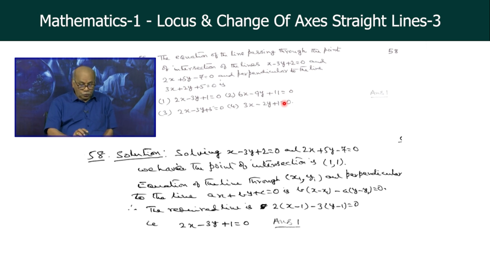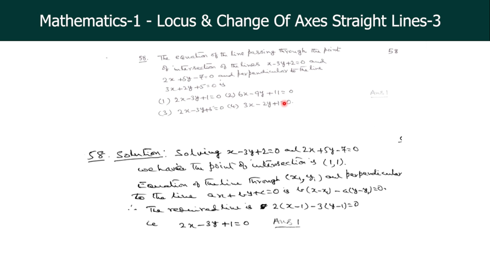Okay. Now, if you use that formula, solving the two given line equations, x - 3y + 2 = 0 and 2x + 5y - 7 = 0, we have the point of intersection as (1, 1). So, therefore, the equation of the line through (x1, y1) and perpendicular to the line ax + by + c = 0, we know, is b(x - x1) - a(y - y1) = 0.